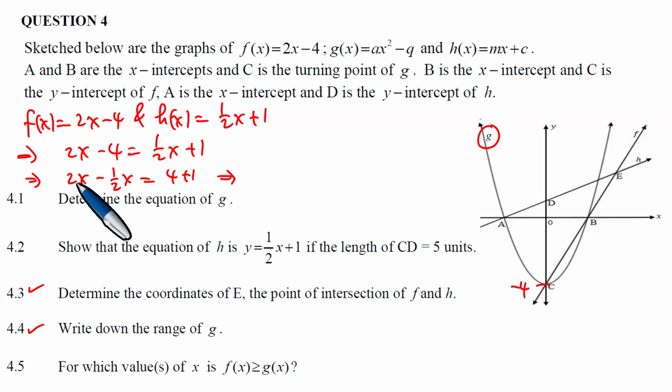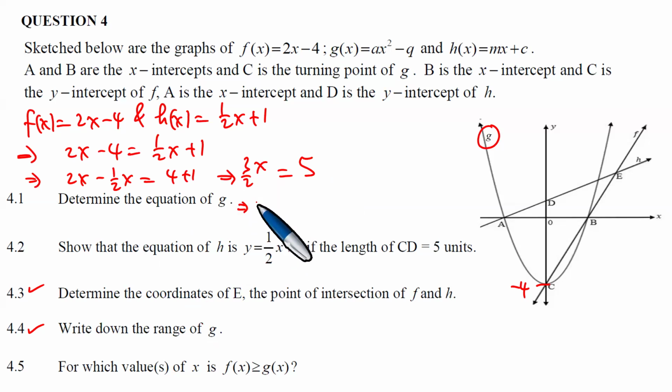What is 2x minus half x? It is 3x over 2. 4 plus 1 is 5. I'm trying to finish off here because our time is up.